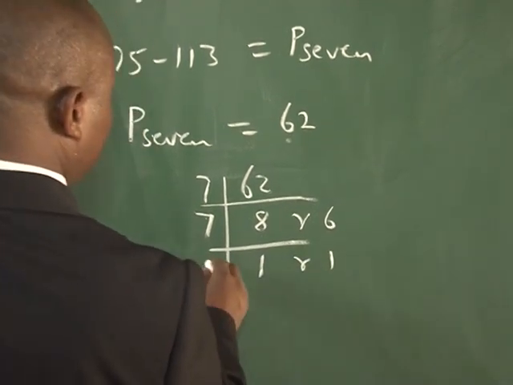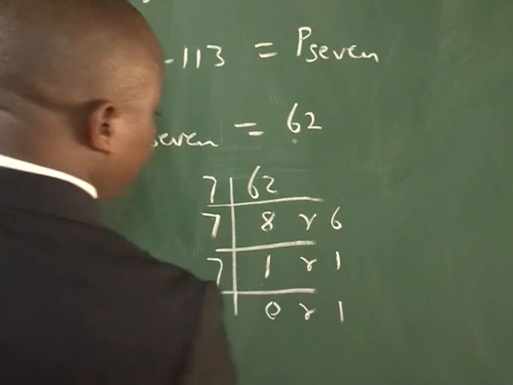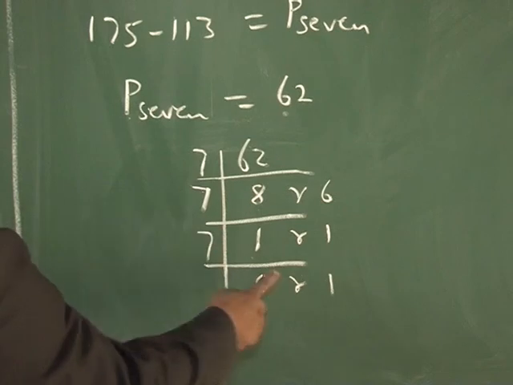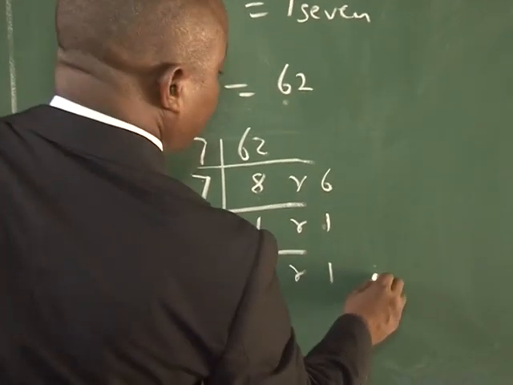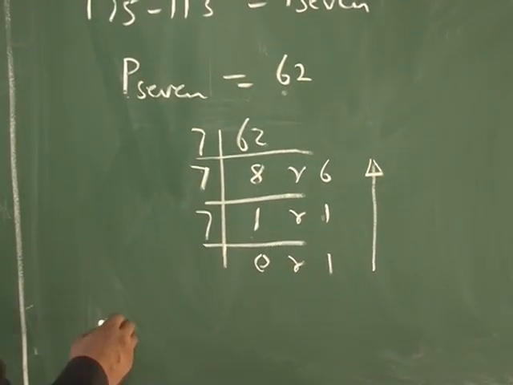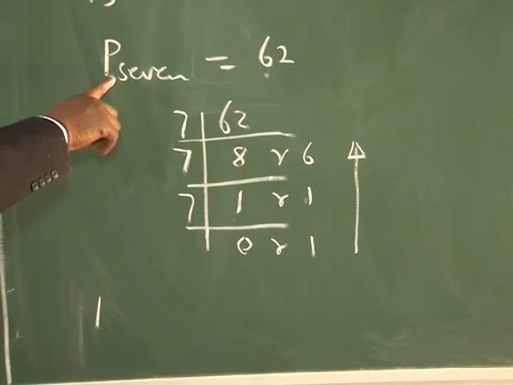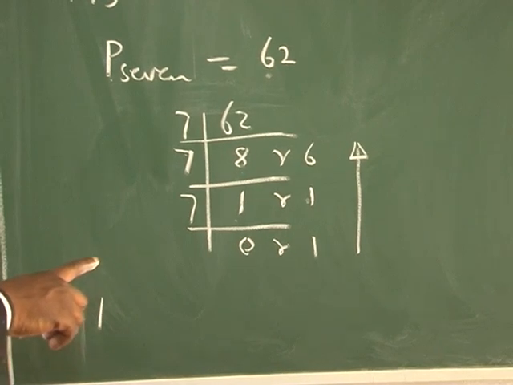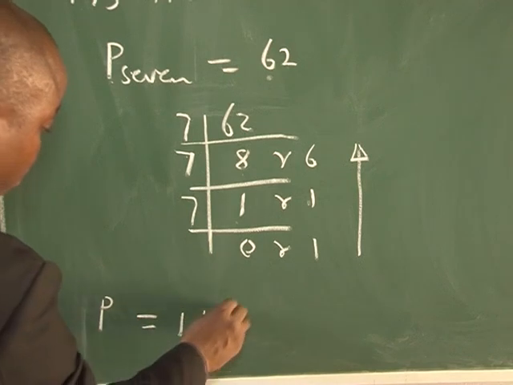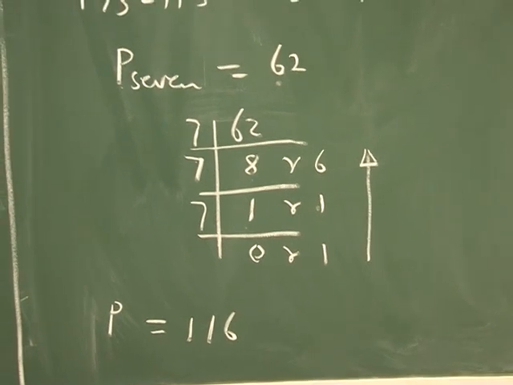Remainder 1. Then 1 divided by 7 is 0. Remainder 1. We are taking it from the bottom to top. So it means that P is 116. So this is how it's done.